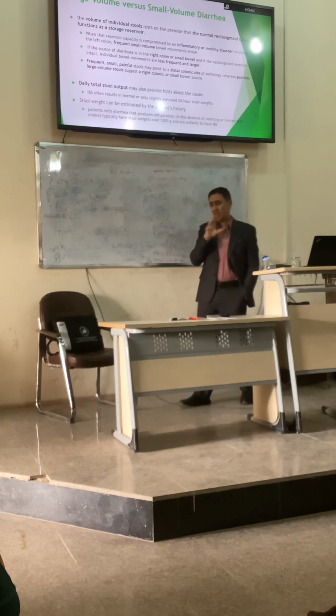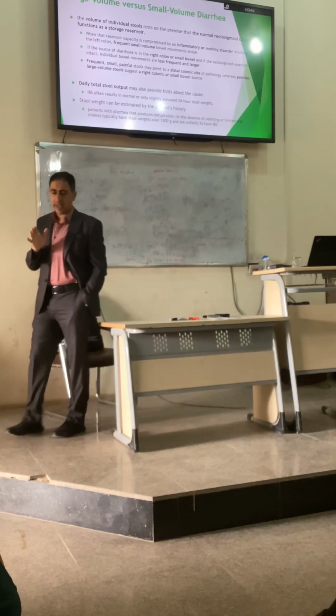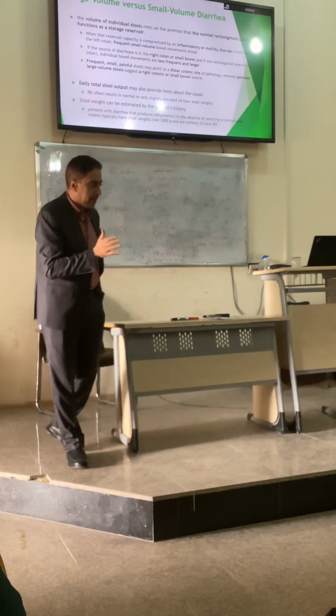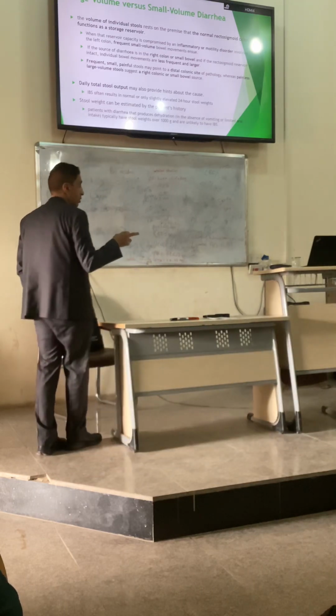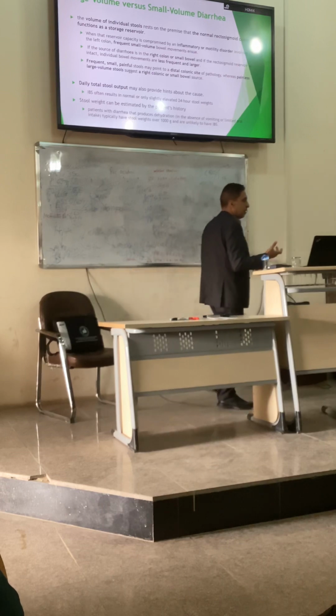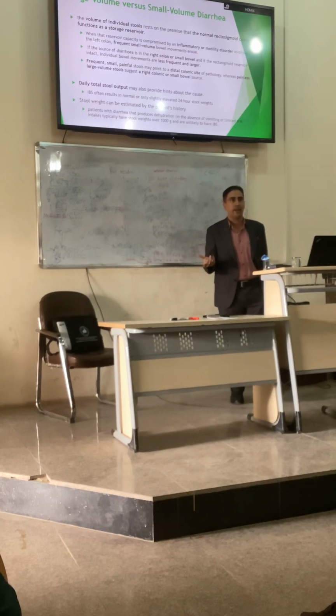But in our practice, we regard 1 week as acute diarrhea, 1 week to 1 month as subacute diarrhea, and more than 1 month as chronic diarrhea, because the approach will be quite different, as we will see. The second most important question to the patient: what is the volume of diarrhea?